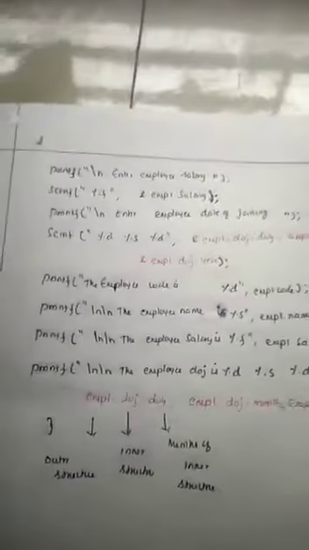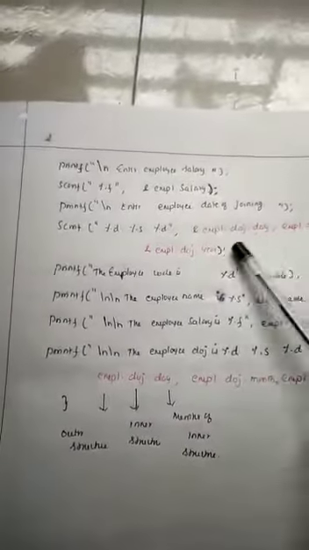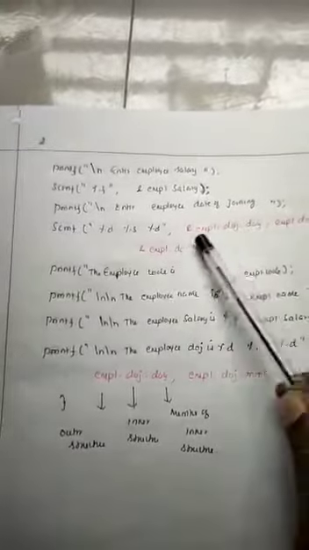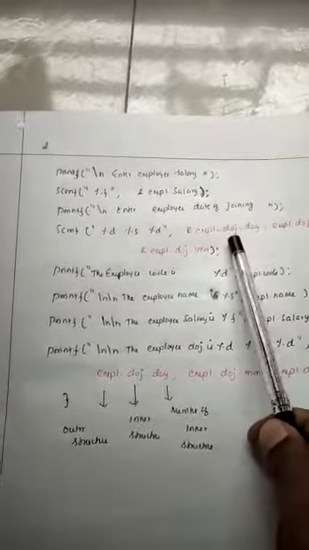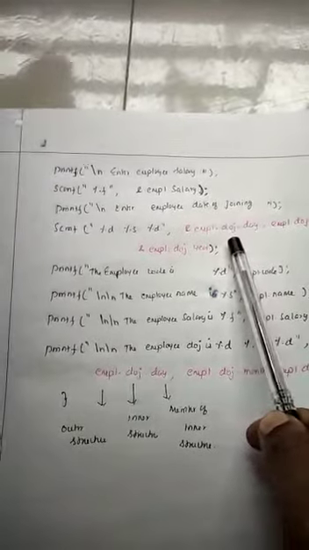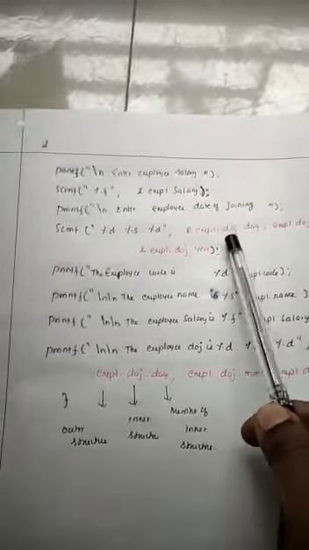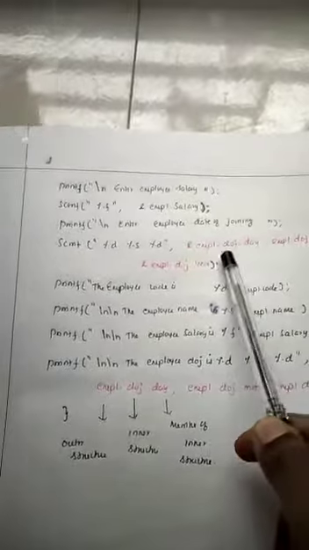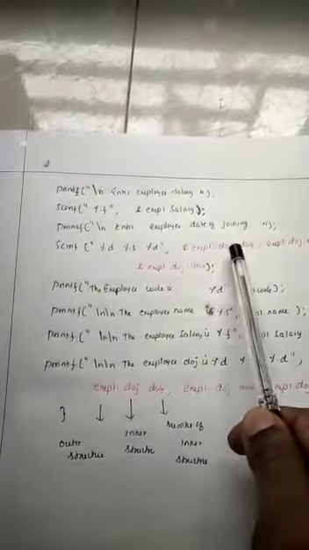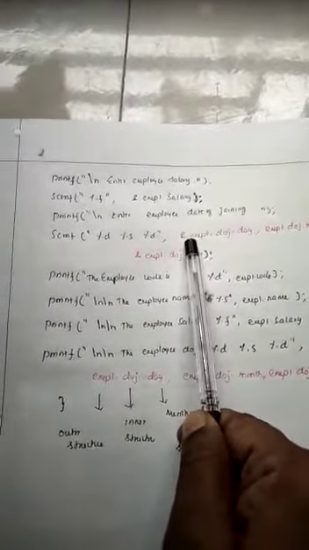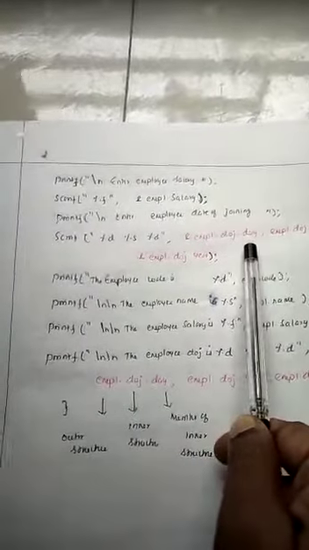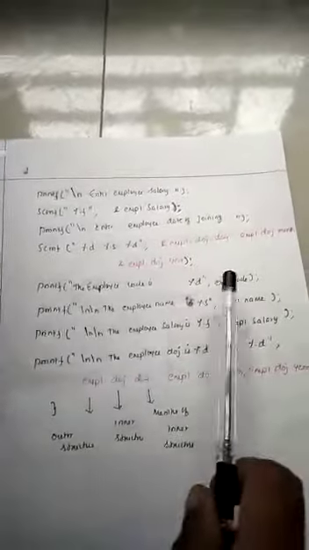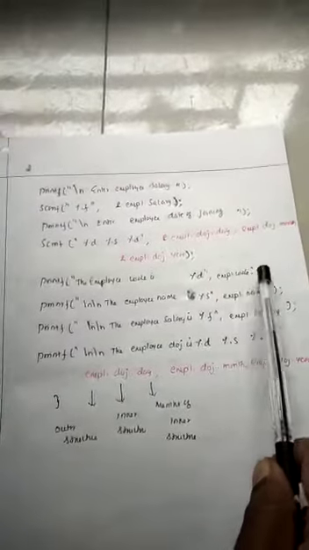In this way we can access the nested structure members. Look at here, doj is the structure variable of date, and day is the member of doj. Like here: outer structure variable, inner structure variable, inner structure member. In this way it is accessed. When they are printing also, structure variable name dot member variable.